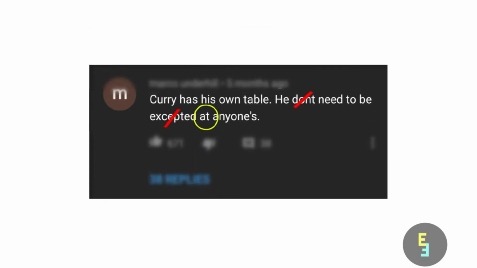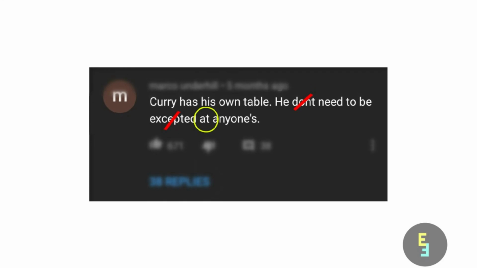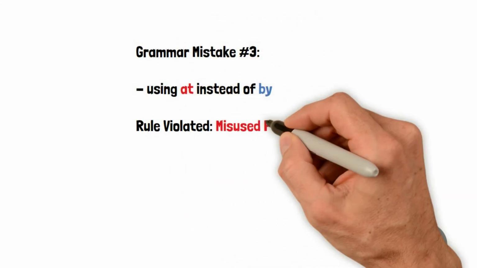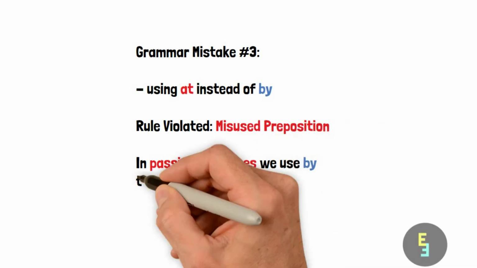We now move on to the third mistake in this comment. Let's read the original comment again. As you can see here, the preposition at was used incorrectly. Analyzing this, it will tell us that the sentence is in passive voice. In passive sentences we use by to show who or what did an action.